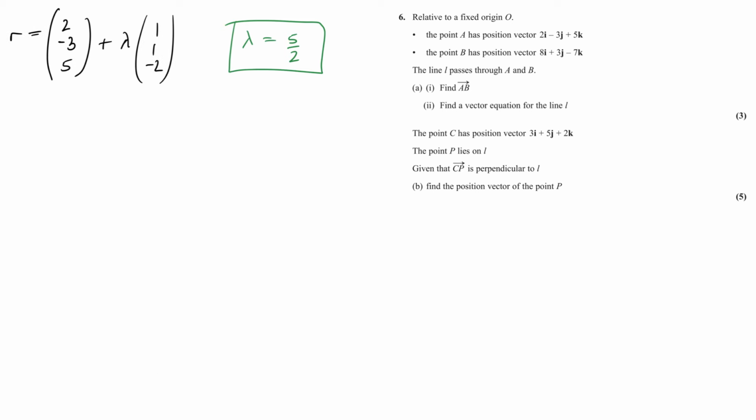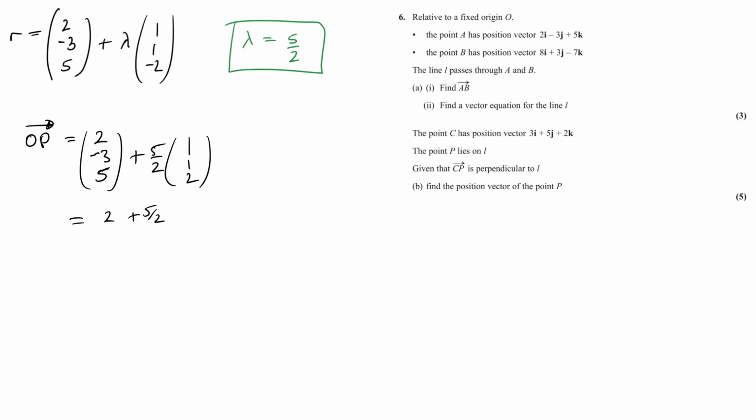So all that's left now is to find that position vector OP, or the point P, isn't it? So 2 minus 3, 5, plus 5 over 2, 1, 1, 2. So we got minus 3 plus 5 over 2, and we've got 5, oh sorry, that's a minus 2 down there, isn't it?